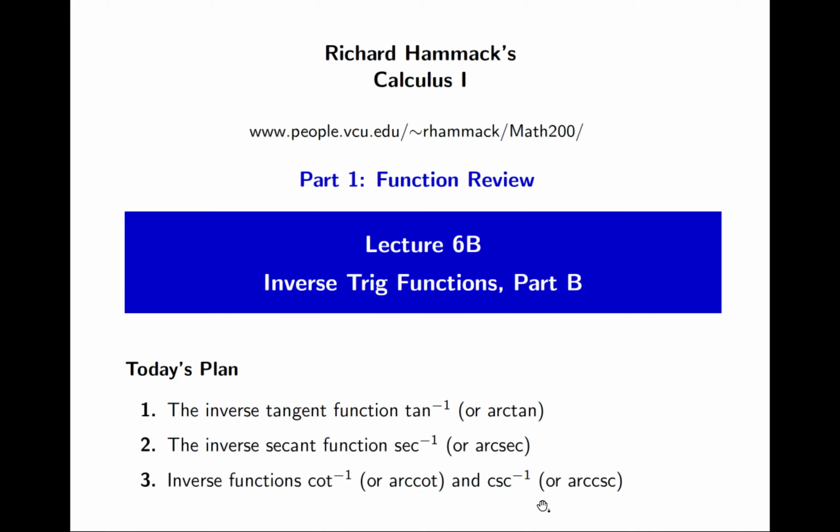Of course, none of these functions is one-to-one, as you well know, so they don't technically have inverses, but just like with sine and cosine, we're going to restrict their domains so that we can take inverses, thereby coming up with some very useful so-called inverse trig functions.